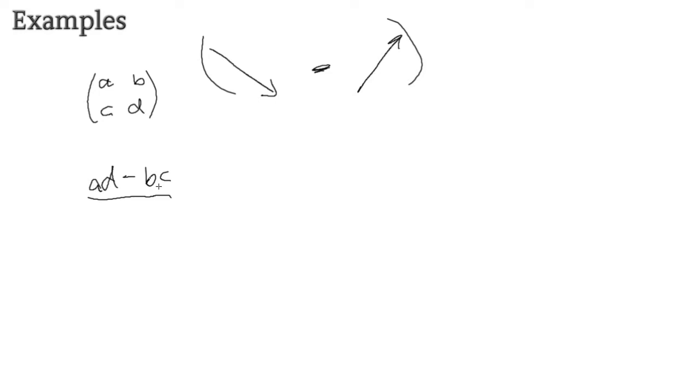So let's try something different. Let's try a 3D matrix. I'm gonna start with A, B, C, D, E, F, G, H, I. What you really need to do here is to get all the different diagonals. There are 3 different diagonals down and 3 diagonals up.